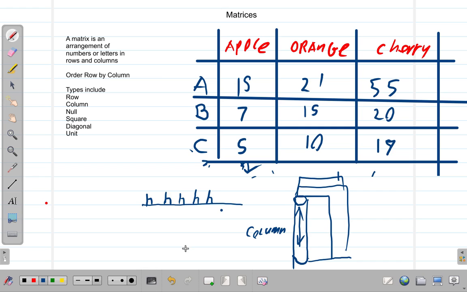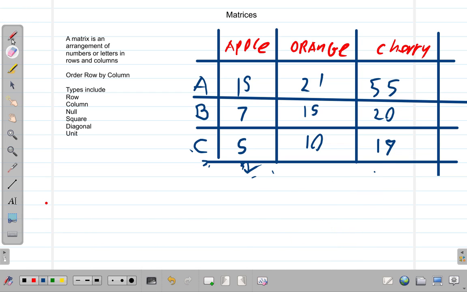The only time you find columns that are horizontal is when they're not ready to be installed yet and somebody leaves them for the construction workers to install. But once columns are installed, they go up and down. You have to look up and down to examine them. They are vertical, so they are columns, just like with the matrix. So you have rows and columns.